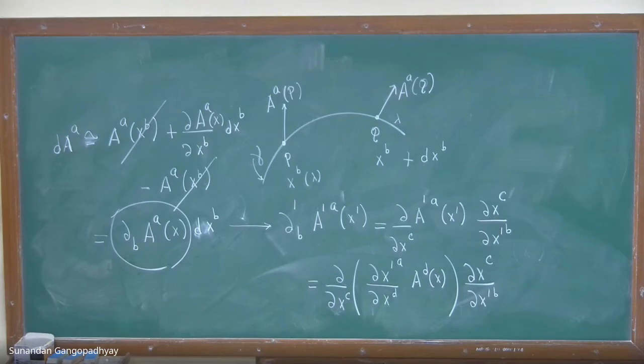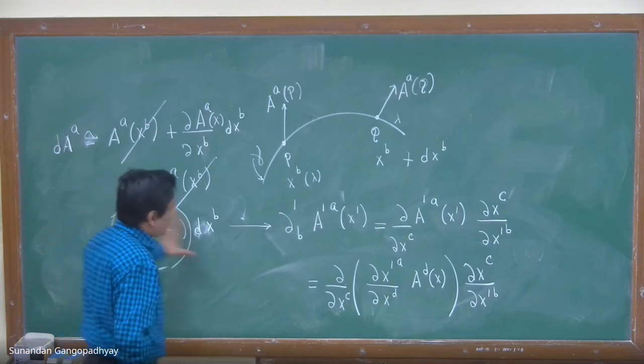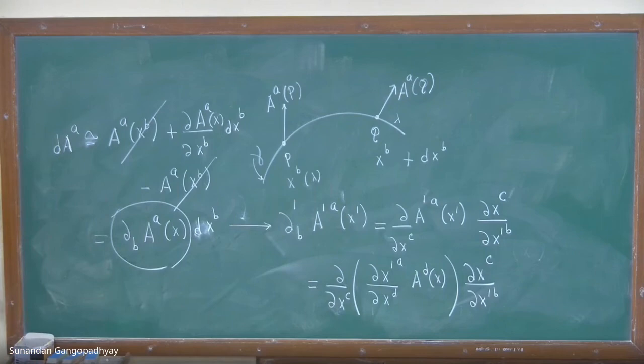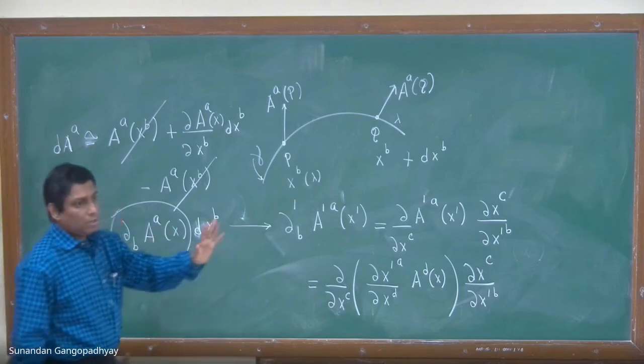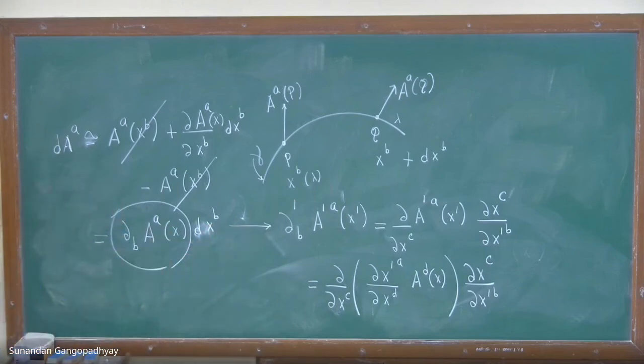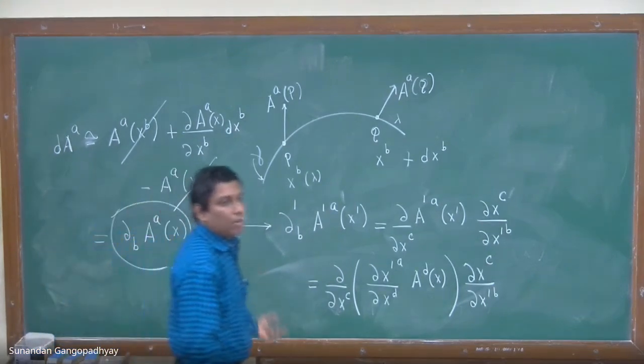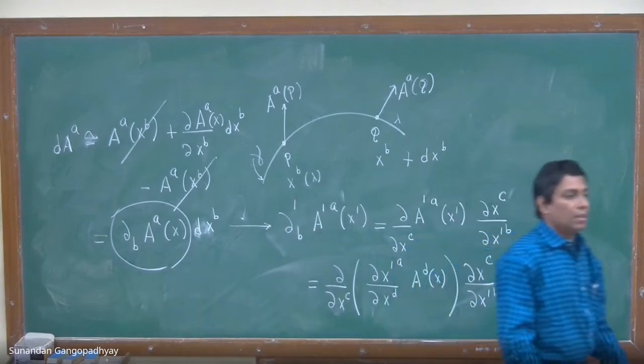Just a minute. Del prime_b. Oh, here I used a different index. Anyway, just look at this part. Are you okay with this? This differential we don't need to look at; I'm not interested in that. Because this dx, you cannot say whether it is a vector or not. It is a differential.